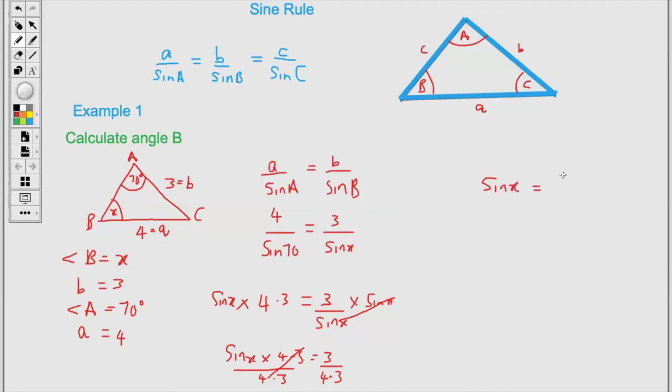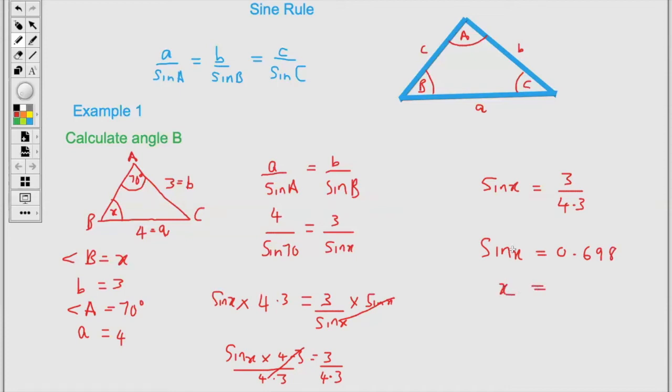equal to 3 over 4.3. Now I'm going to work out this 3 over 4.3. So you enter in your calculator 3 divided by 4.3. What we have here is sine x is equal to 0.698.